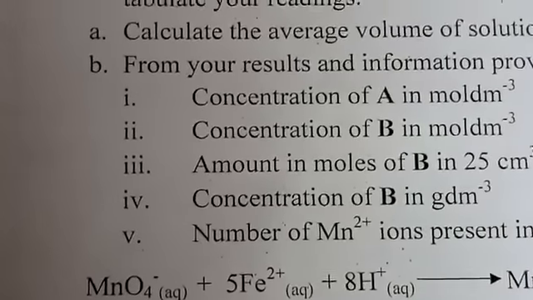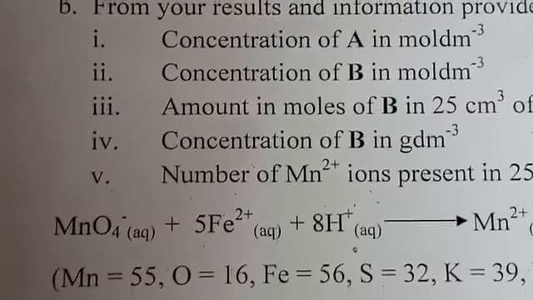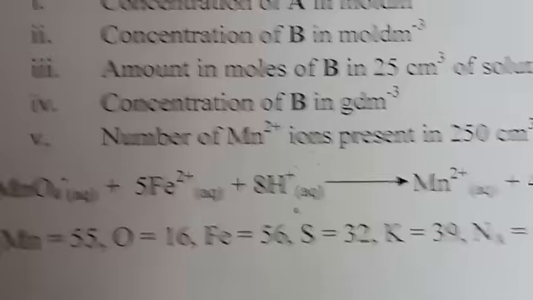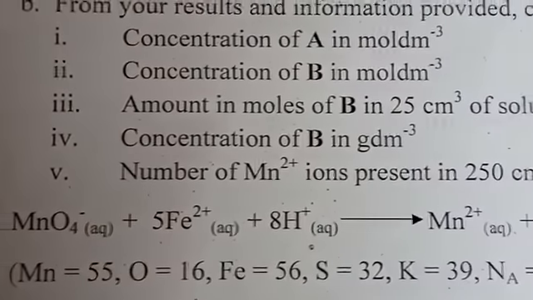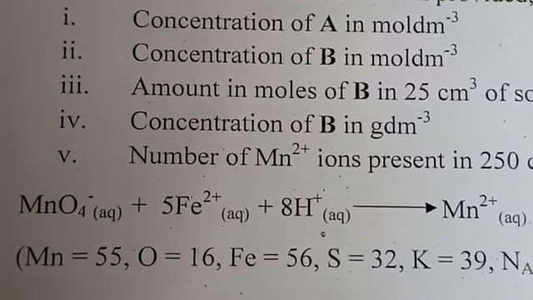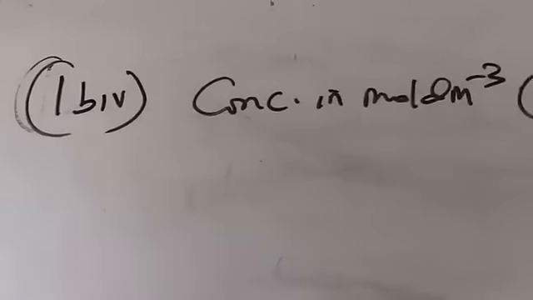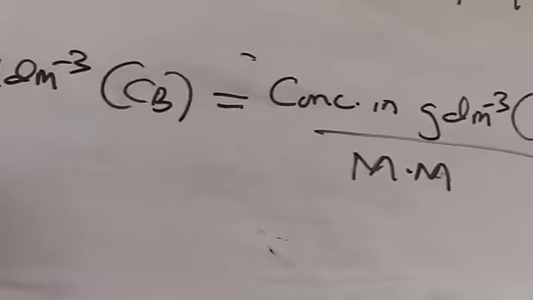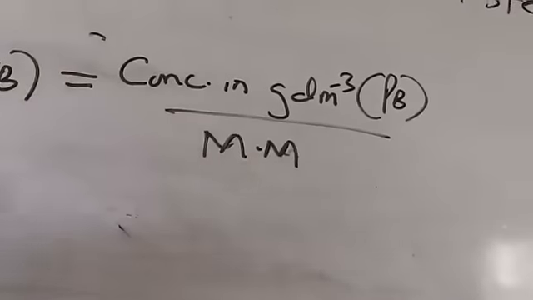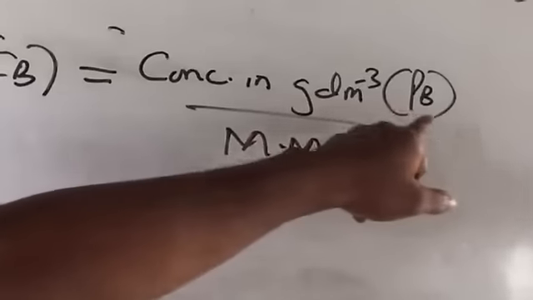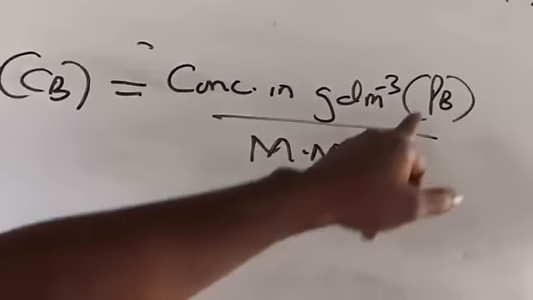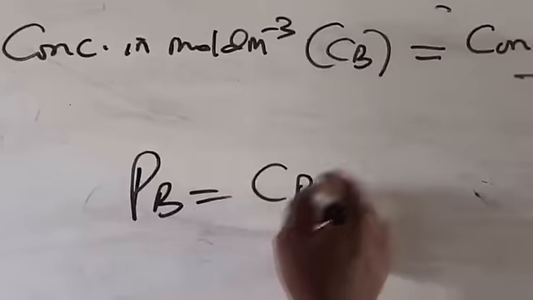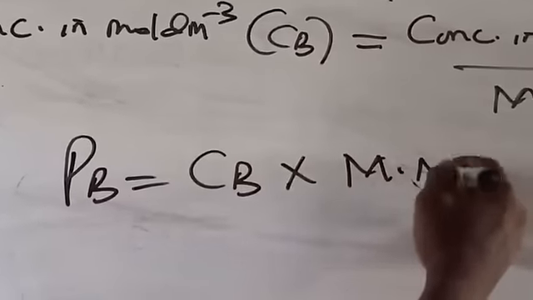So we'll start with 1B IV that says we should find the concentration of B in gram per dm cube. We're going to apply this formula. Concentration in mole per dm cube, CB, equal to mass concentration, which is rho B, over molar mass. Make rho B the subject. So rho B becomes equal to CB times molar mass by cross multiplication.